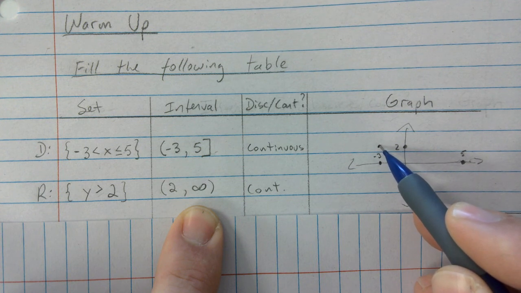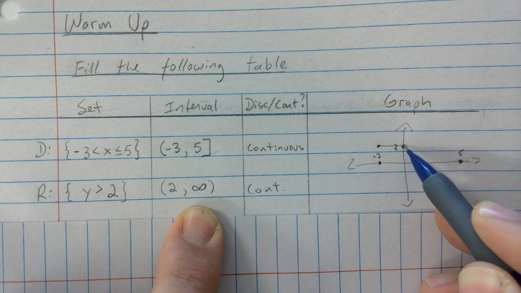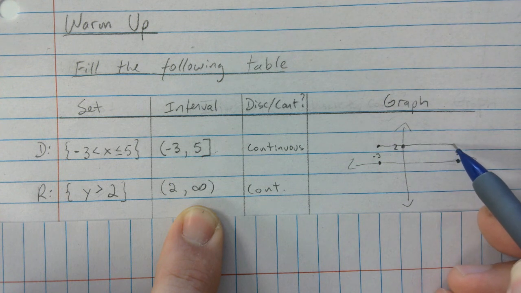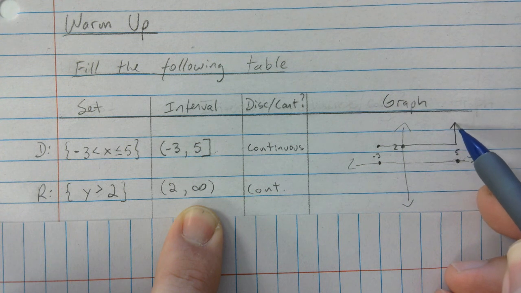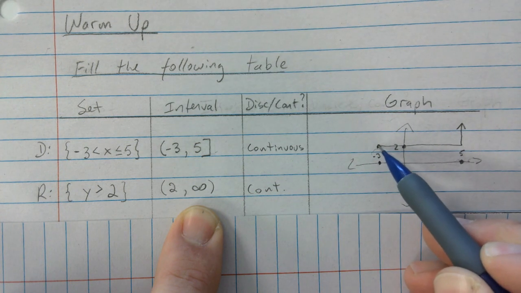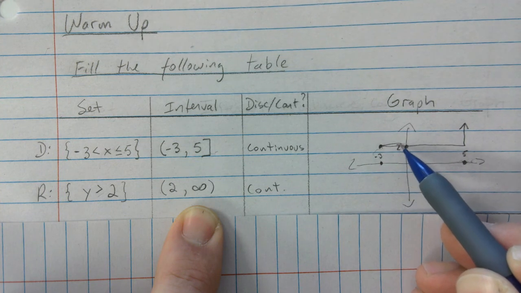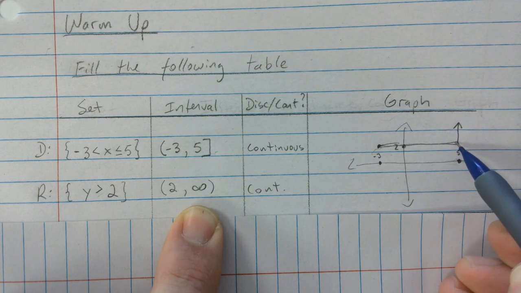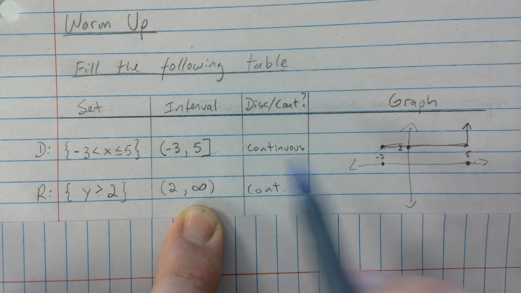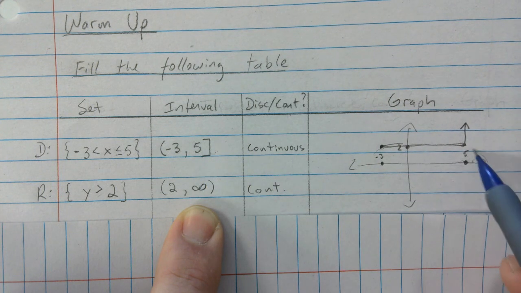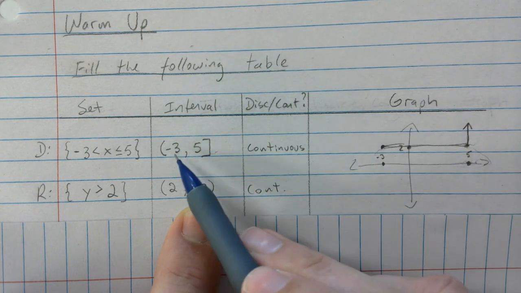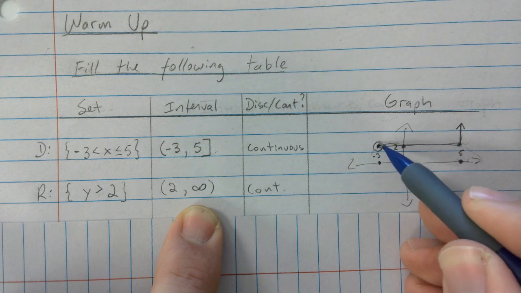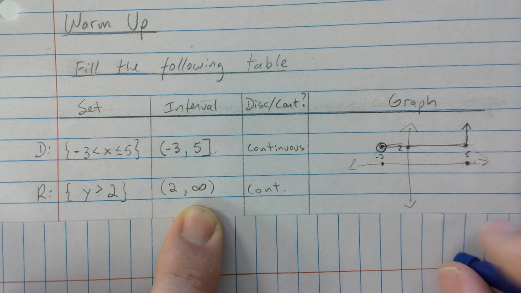You go from here straight through there, and then it would have to go up, right? Because then you're going from -3 to 5, but 5 is included, right? 5 is included, so that's the solid line will take care of that. -3 is not included, so I'm going to put a big circle here at -3.